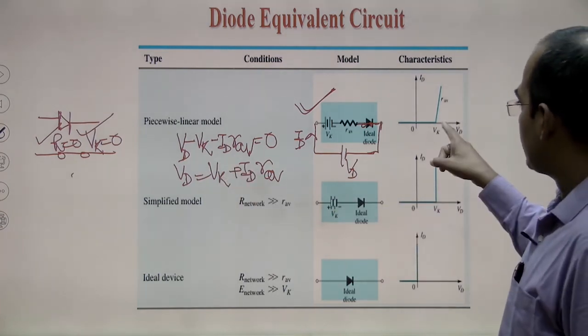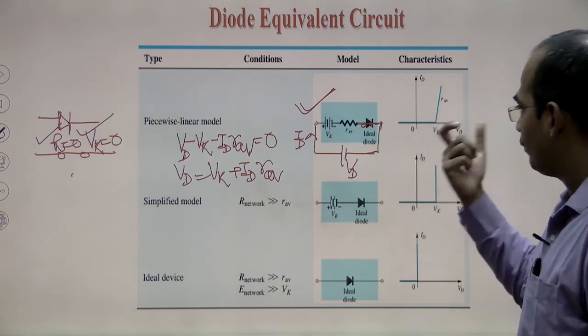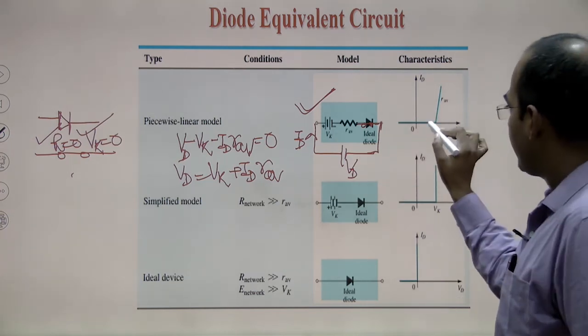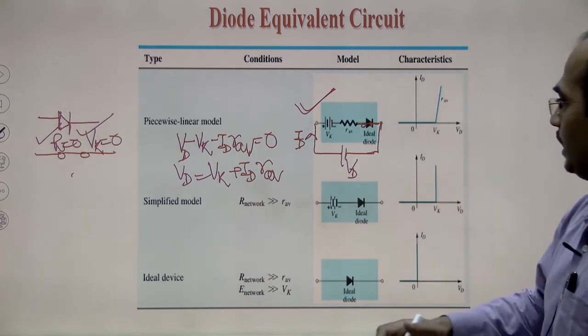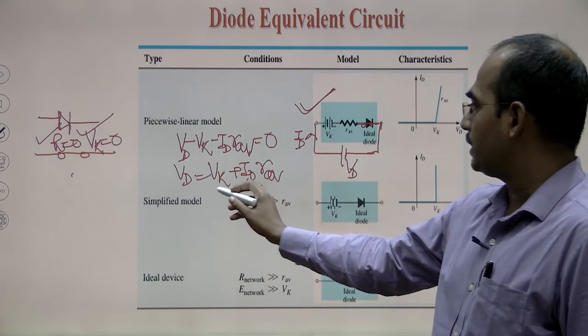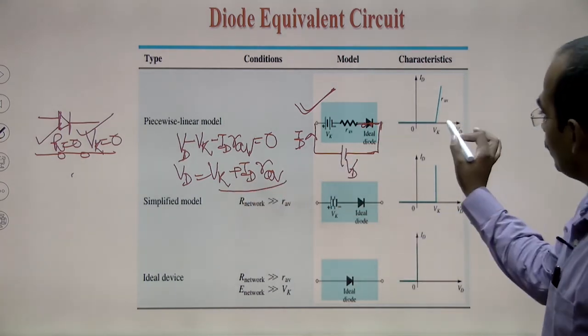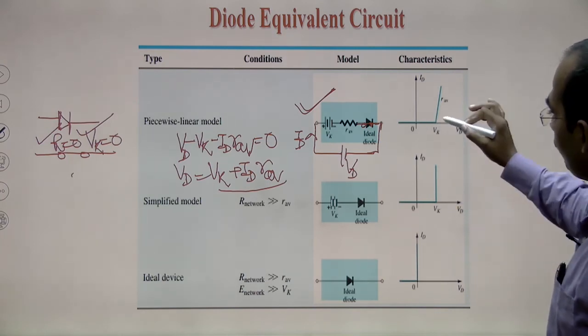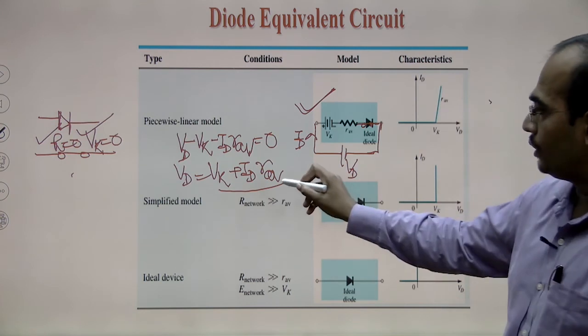From this equation you can see that if the applied voltage does not cross the cut-in voltage, the current flowing through the diode will be 0. When it crosses the cut-in potential, the graph follows this equation, Vd is equal to Vk plus Id RAV. Vk is this point, and the graph increases linearly following Id into RAV.